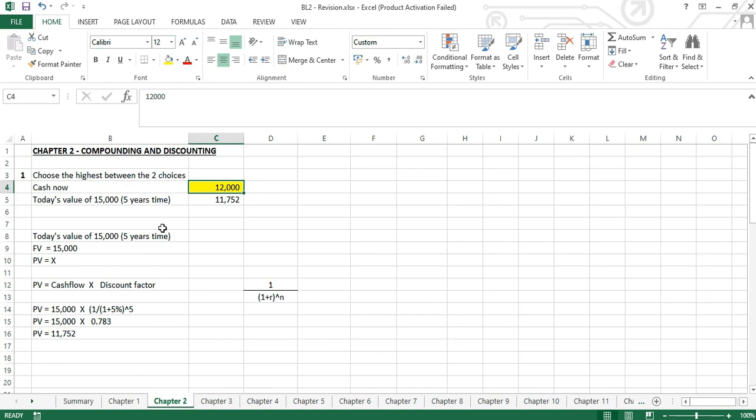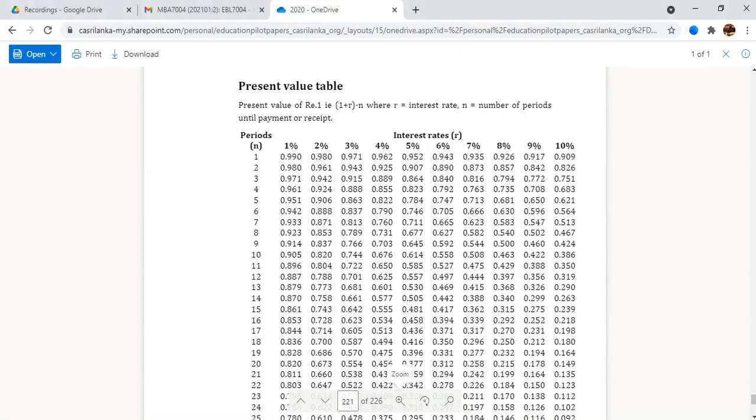Before I proceed, let me show you the other method, where you read the table to obtain the discount factor. If you are given the table in the exam, refer to the table that has the formula 1 plus R to the power minus N, and look for the interest of 5% and the year, which is 5 years.